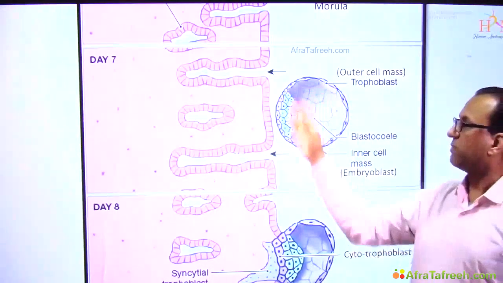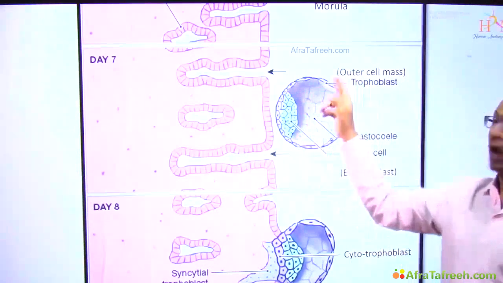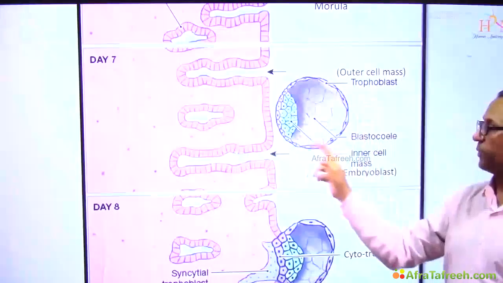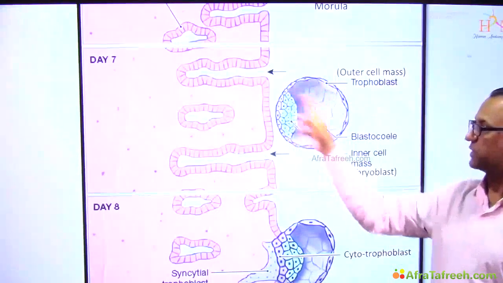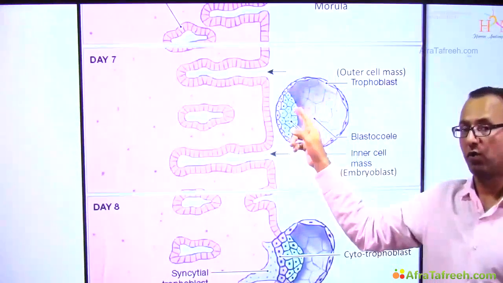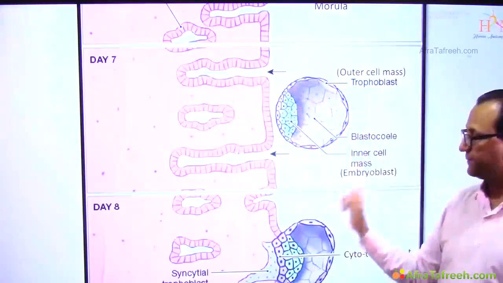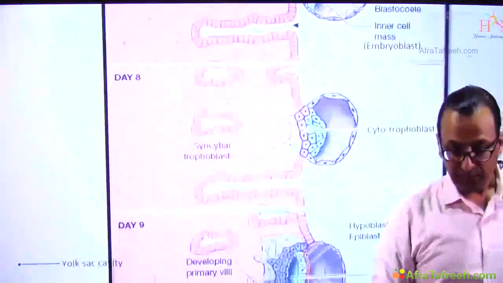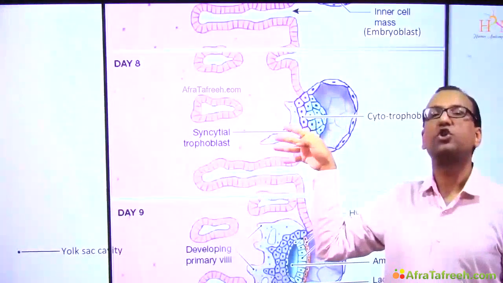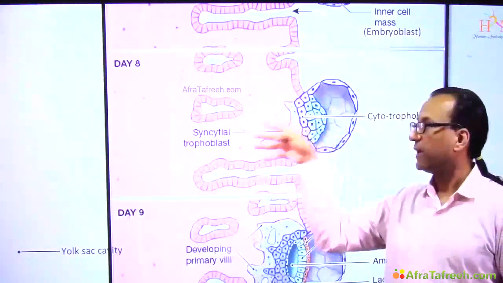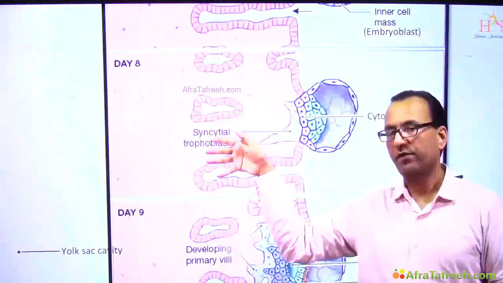There will be an inner cell mass and an outer cell mass. The outer cell mass is the trophoblast, which is going to form the placenta. And the inner cell mass is called the embryoblast, going to form the embryo. Actually, it is the cytotrophoblast which is giving a syncytiotrophoblast, which will help in attaching to the endometrium.